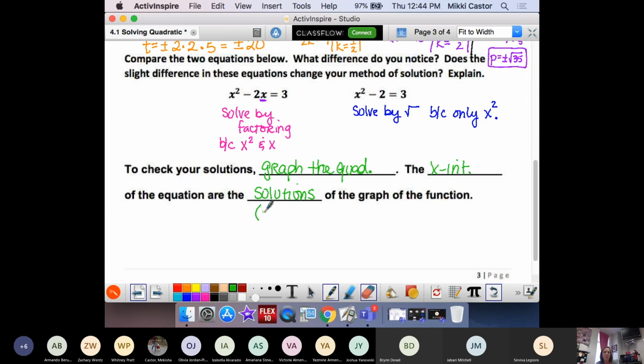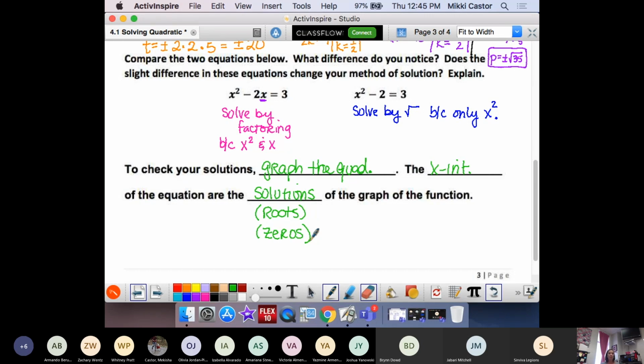Now I also want to put down here roots or zeros. Okay, the x-intercepts of the equation are the solutions of the graph. You may also see it called roots or zeros. So if it asks you to find the zeros, it's asking you the same thing. All right, you need to find the solutions, which are the same thing as the x-intercepts.